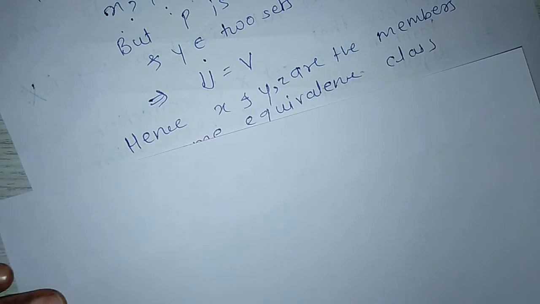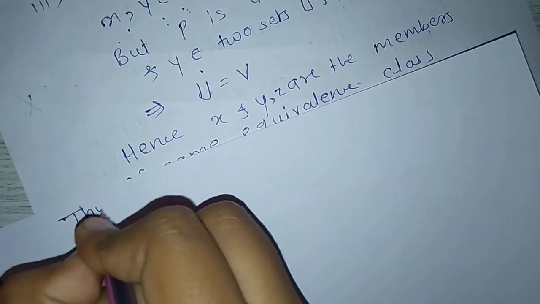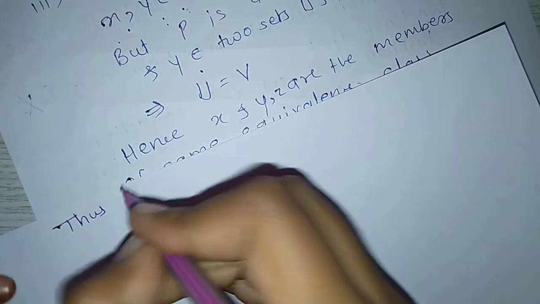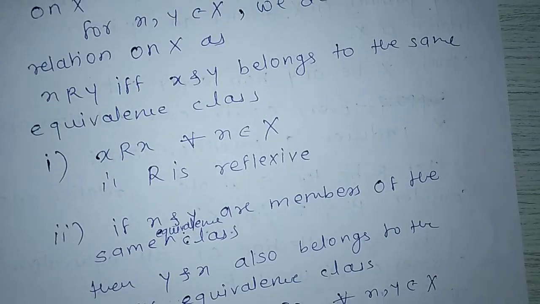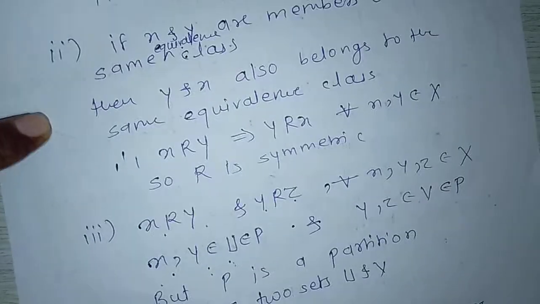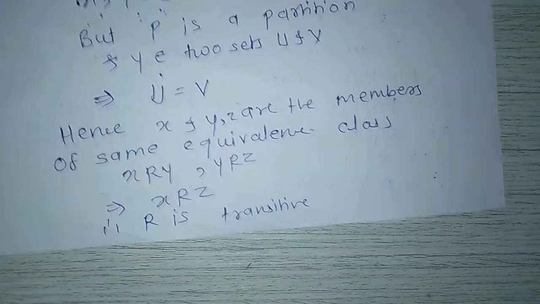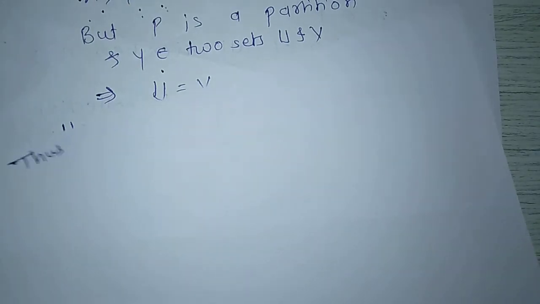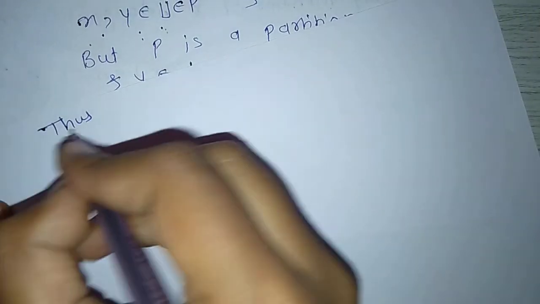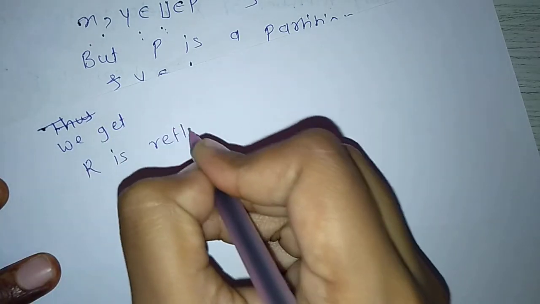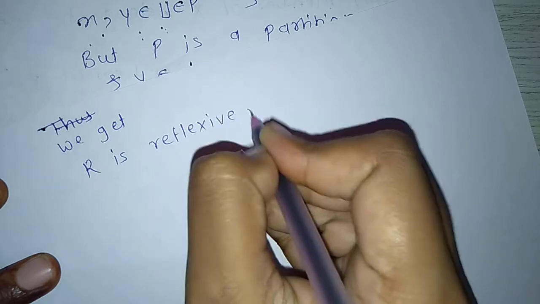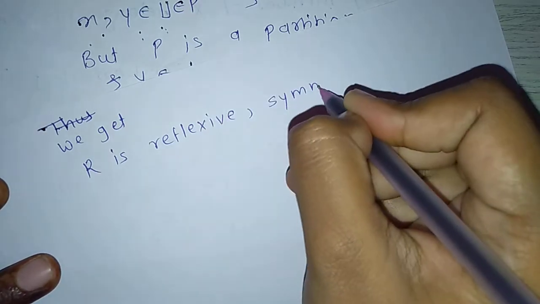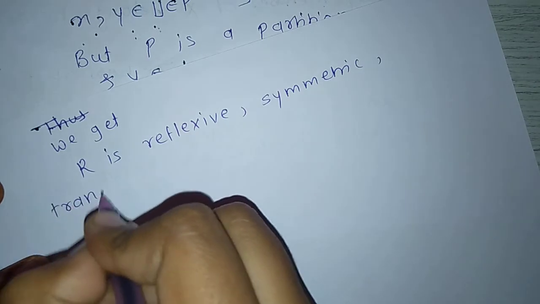Thus, by first, second and third, we get R is reflexive, symmetric, transitive.